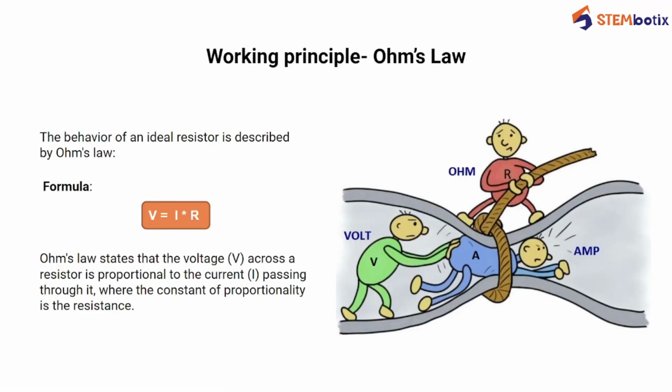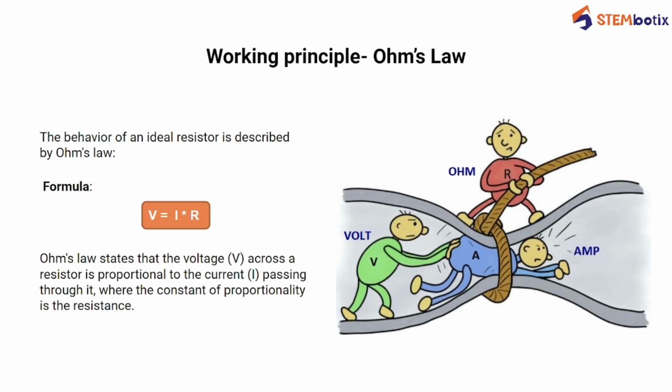Now let us see the working principle, or you can say Ohm's law. Ohm's law is very useful in circuit calculation, for calculating voltage or resistance. The behavior of an ideal resistor is described by Ohm's law.